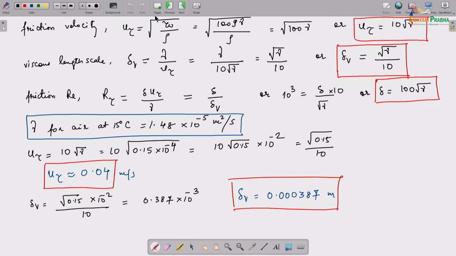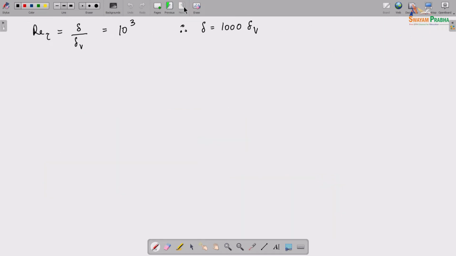Did you calculate delta v? Yeah, delta v we did calculate, right. Okay, so this is therefore equal to 10 to the power 3, right, and delta v is, well, let's just say it is, right, by 10, right.